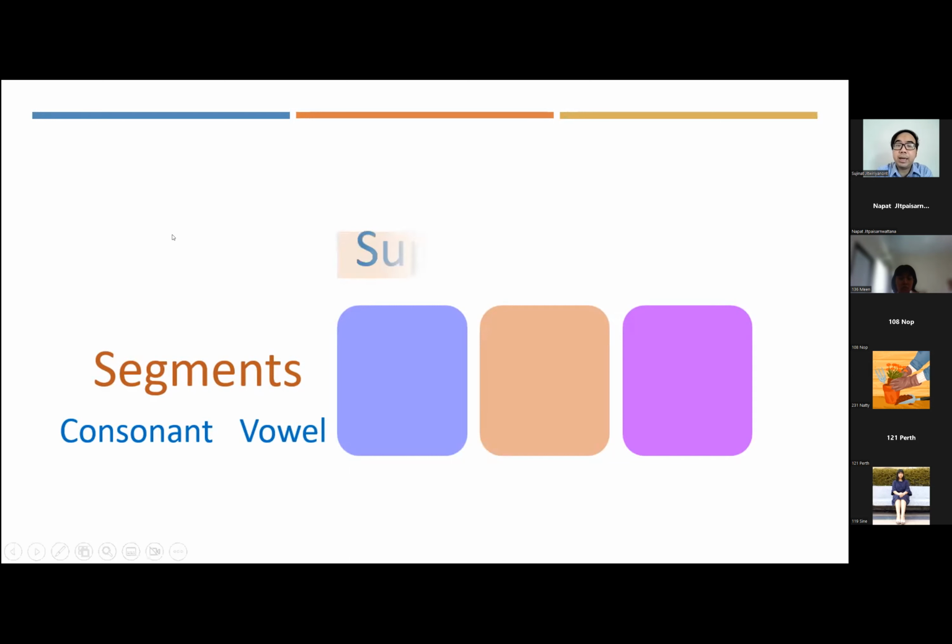But keep in mind that apart from segments you can have suprasegmentals, that is, stress and intonation. Stress and intonation are very difficult for non-native speakers of English to acquire at first because they are different in terms of sound system, but you can gain knowledge of the suprasegmentals with a lot of experience of learning English.